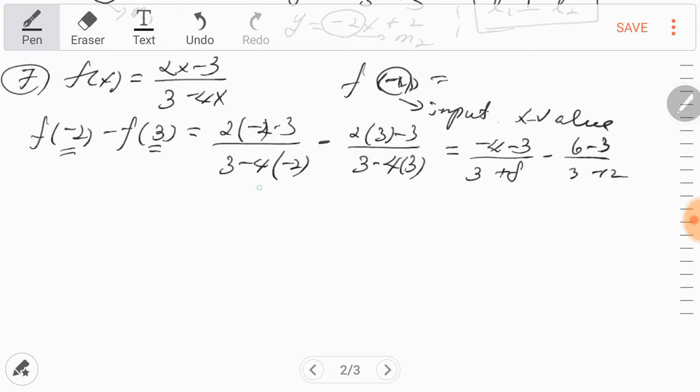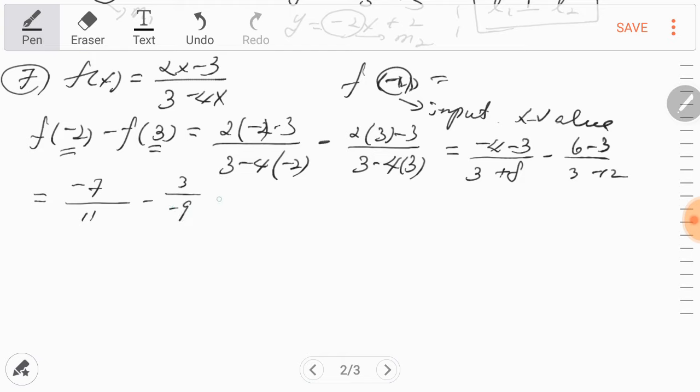Look at this. Okay, 2 times -2 is -4, right? Okay, minus 3. Then that is equal to -4 minus 3 is -7, the numerator is -7. The denominator is 3 plus 8 is 11. Then for the second, the numerator is 6 minus 3 is 3. The denominator is 3 minus 12 is -9.